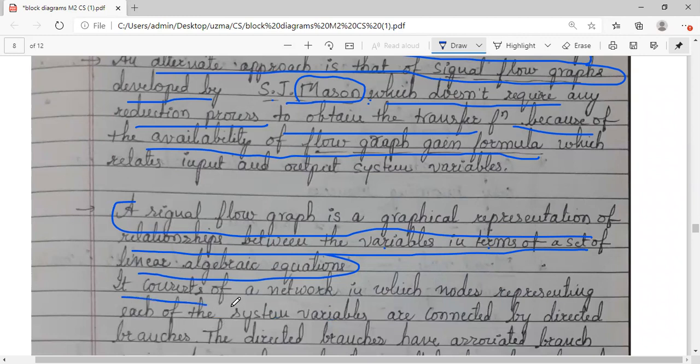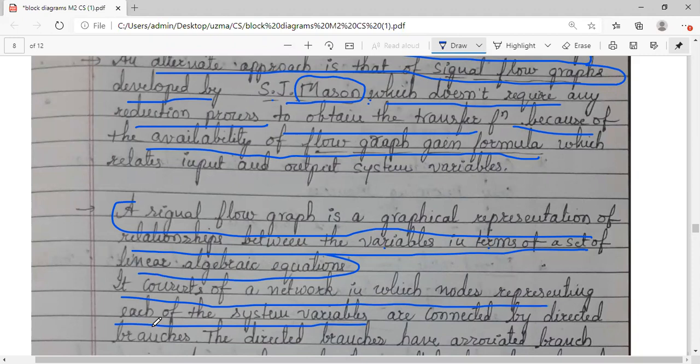So a signal flow graph consists of a network in which nodes represent each of the system variables. Just like with mechanical and electromechanical systems, where the nodes were the displacements, so theta or x indicated your nodes.